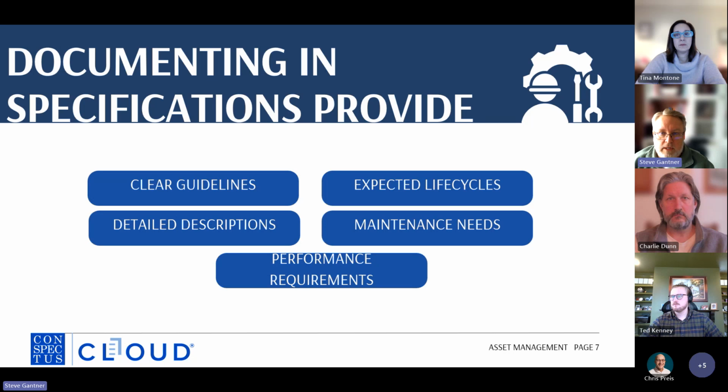They can also help you set clear guidelines for what and how you're picking your materials or your assemblies. They can provide valuable input on, if they maintain it properly, what the expected life of it could be. They can help you with detailed descriptions and what they're going to need to maintain it. Maybe it's something so hard that you need to consider hiring another person in your maintenance staff to do some of that work. You never know. But they're also important in providing performance requirements for you.